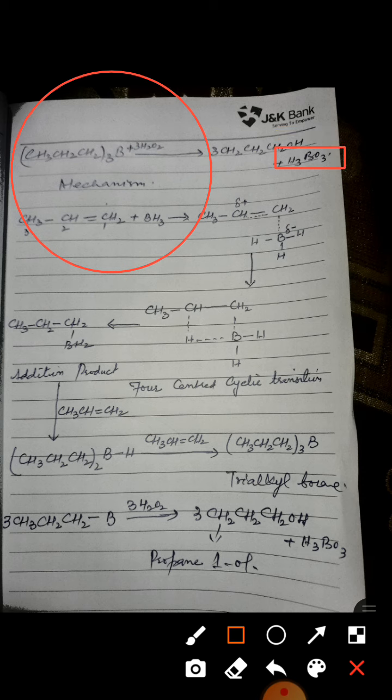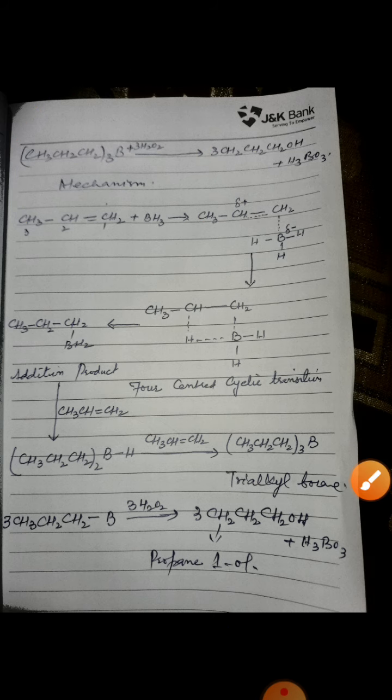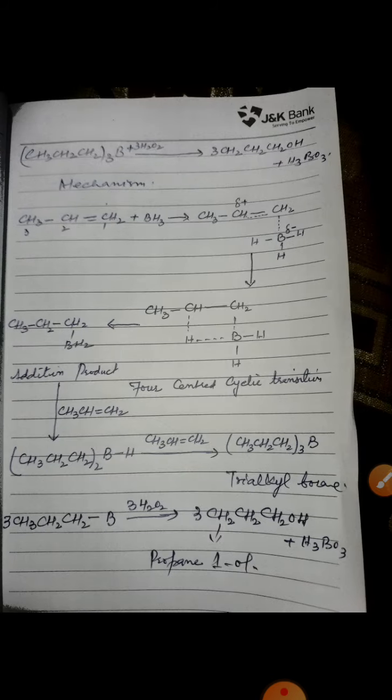So अब तक हमने इस हाइड्रोबोरेशन के बारे में क्या पढ़ा? This diborane, which is deficient in electron, acts as electrophile and reacts with alkene to form trialkyl borane, which upon subsequent oxidation yields 3 molecules of alcohol.